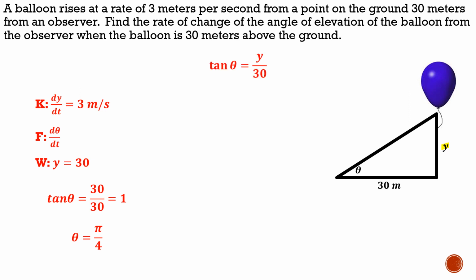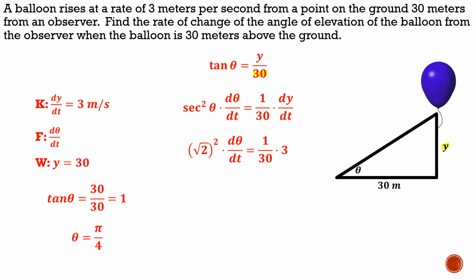Now setting up that same ratio, I have tan theta equals y/30. Notice I'm using 30 here because that is the distance on the ground, and that's constant. He's not walking back and forth. So taking the derivative of both sides, I get secant squared theta times d theta/dt equals 1/30 dy/dt.